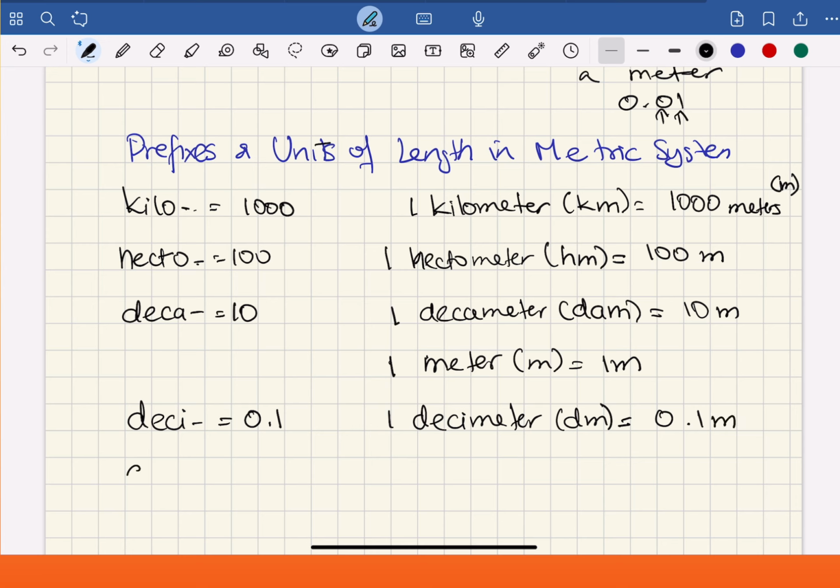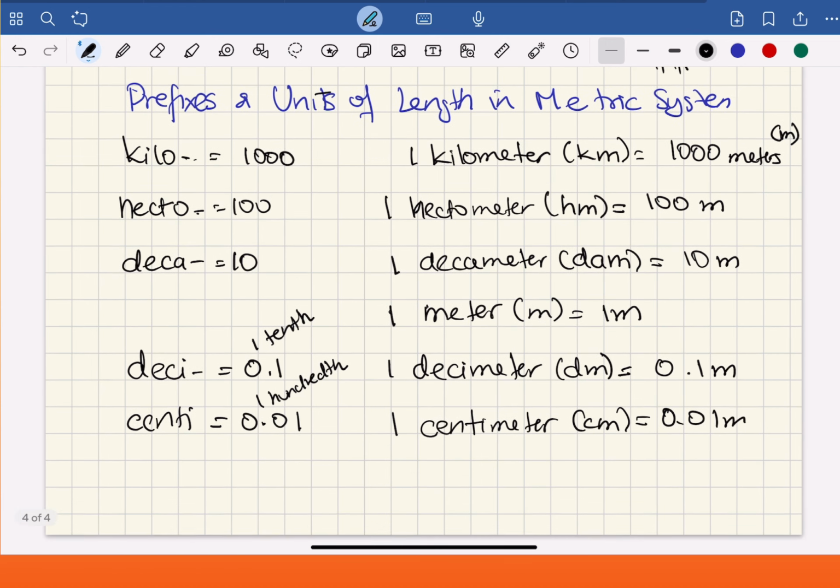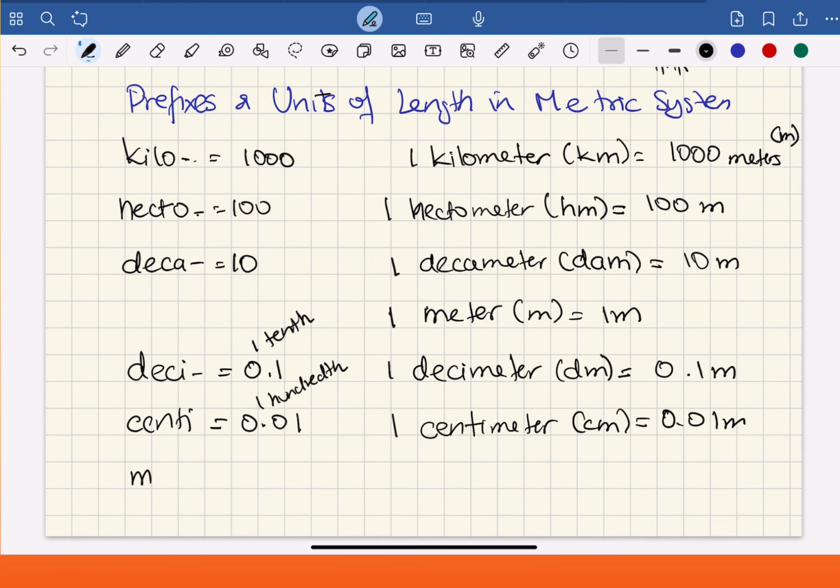And centi equal to 0.01. So this is 1/10th of a meter. This is 1/100th of a meter. So 1 centimeter, abbreviated cm, is equal to 0.01 meters.